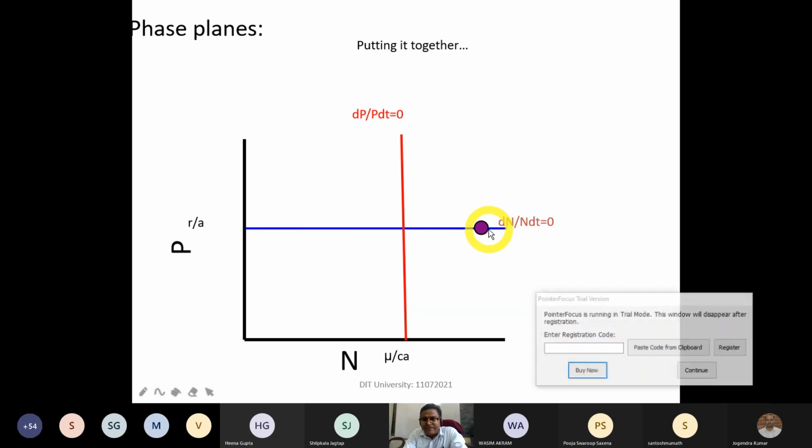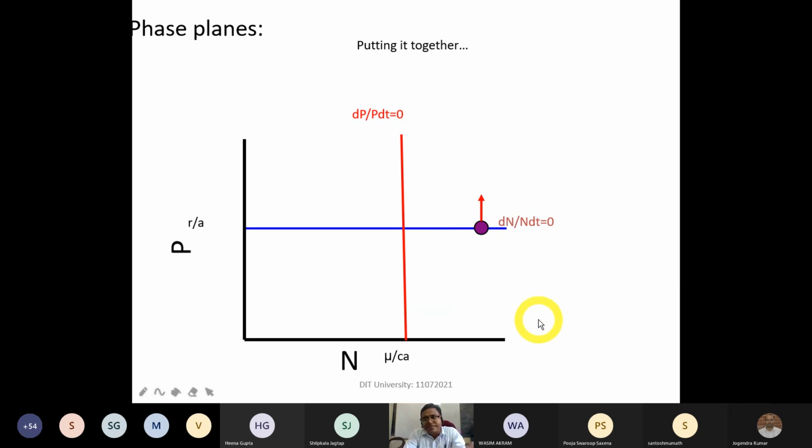This line shows that the predator increases because there are lots of prey here. Due to too much availability of prey, predators grow in the right direction. And then it will go again here. So now the solution comes here.